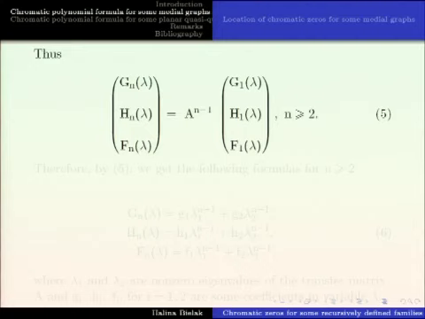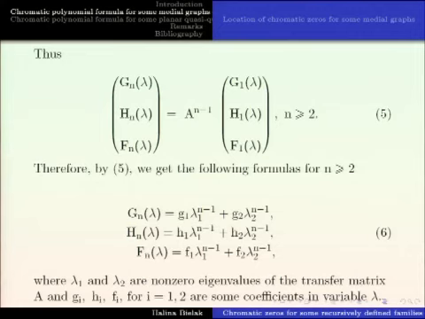So we have here a relation to the chromatic polynomials presented some pages before for some simple cases. But this is true for n greater than or equal to 2. By the theory of such recurrence equations, we have the following explicit formula for the chromatic polynomials of each of these graphs.